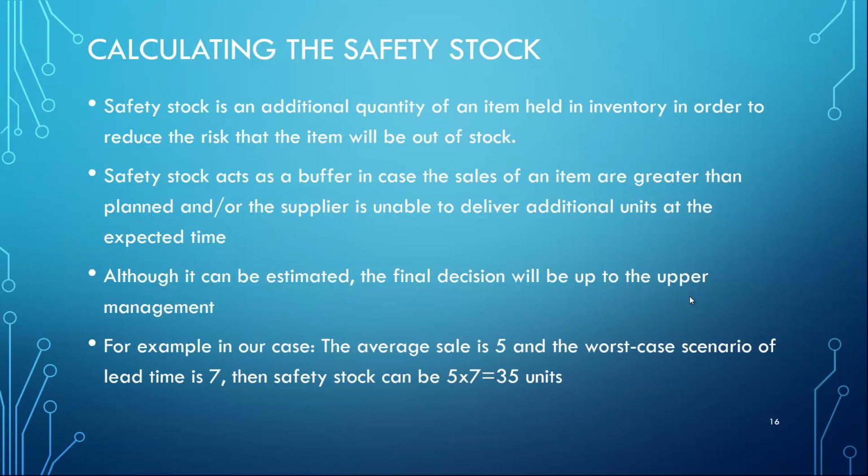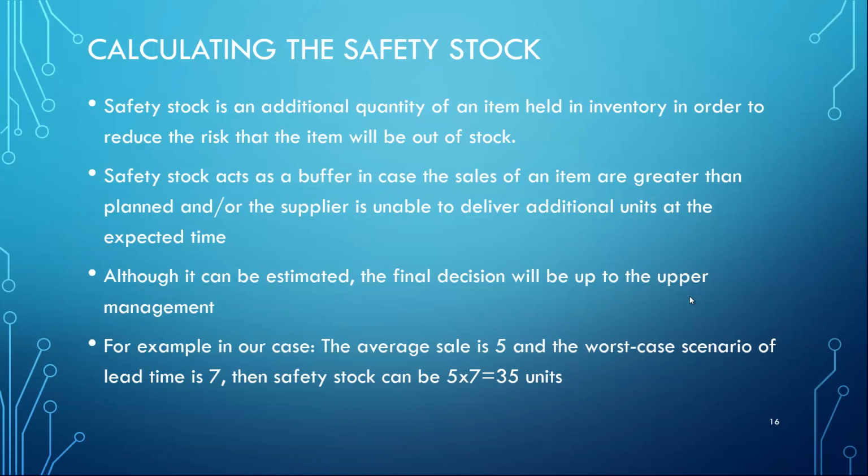The safety stock is an additional quantity of an item held in inventory in order to reduce the risk that the item will be out of stock. We always have a safety stock in case of an increase in demand for some reason, like a hurricane, a pandemic, an earthquake, or any external factor affecting the area.